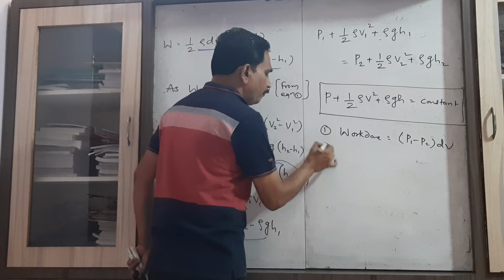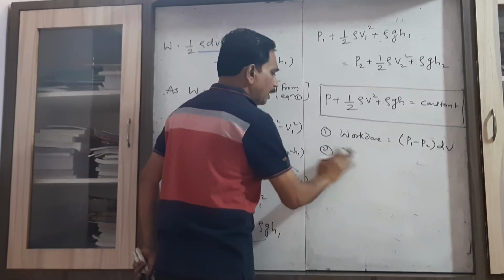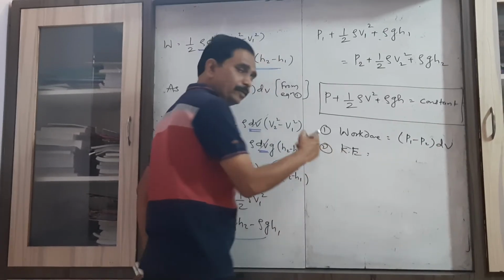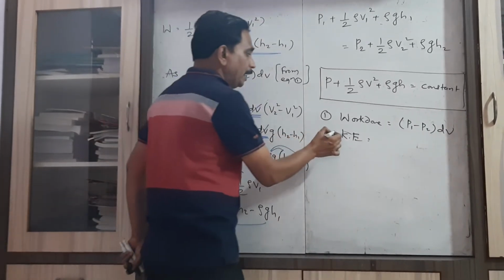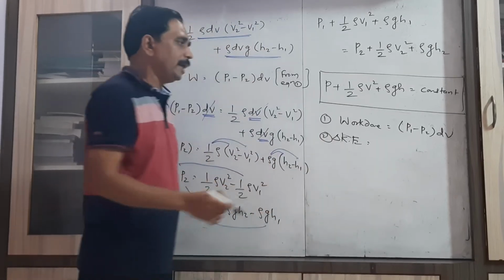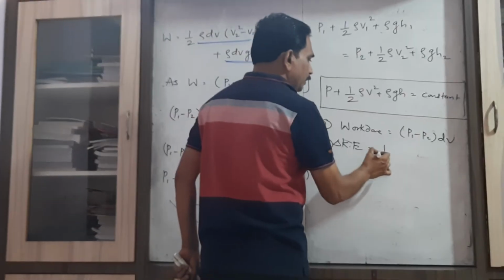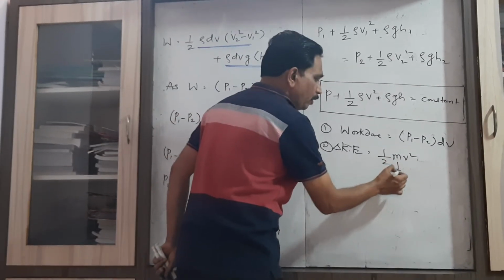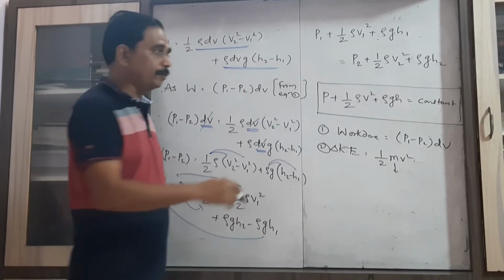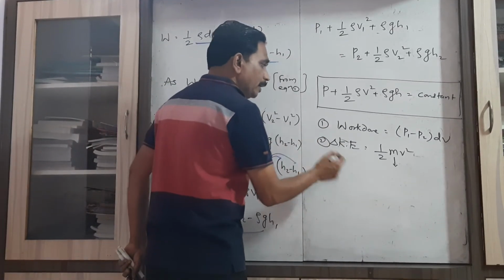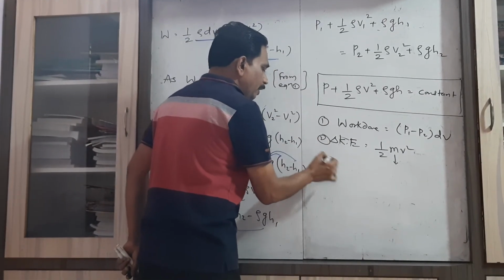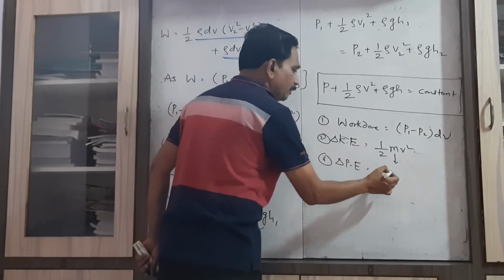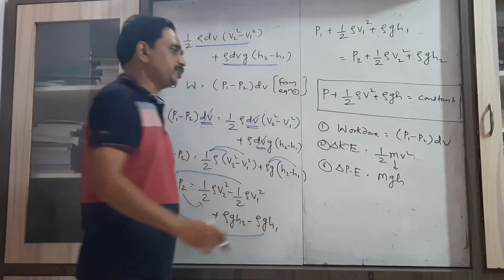Then secondly, find the kinetic energy at one end and the kinetic energy at the other end, and find the change in kinetic energies from the formula half mv square. You have to put the value of mass and the value of velocity at both ends. Then you have to find the change in potential energies by using the formula mgh.